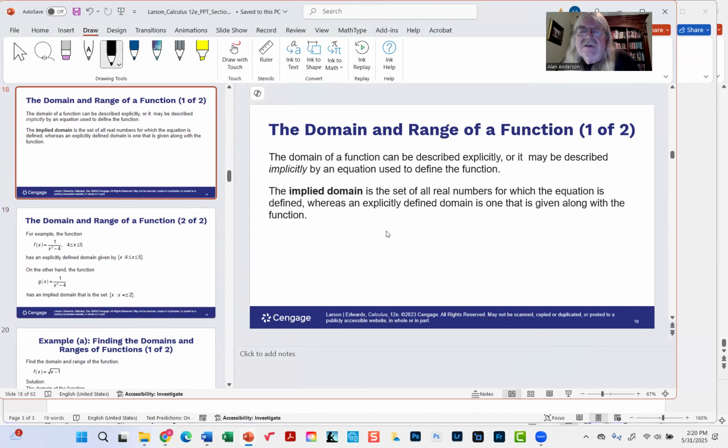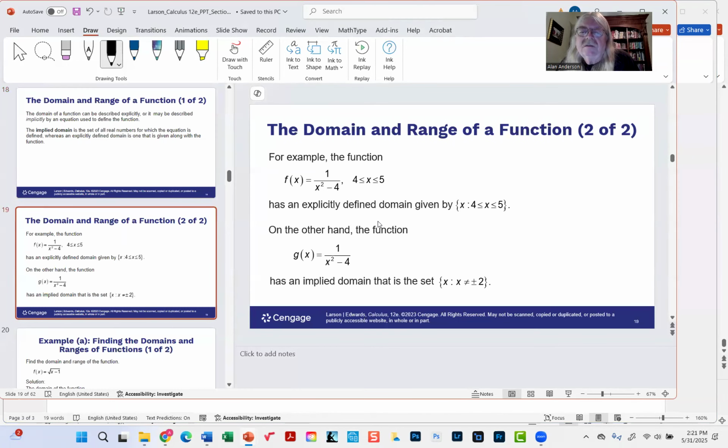So it says here that we can describe the domain either explicitly with an equation or a number or a range of numbers, or some kind of an equation. So the implied domain, it says here, is the set of all real numbers for which the equation is defined, whereas the explicit one is given with the function.